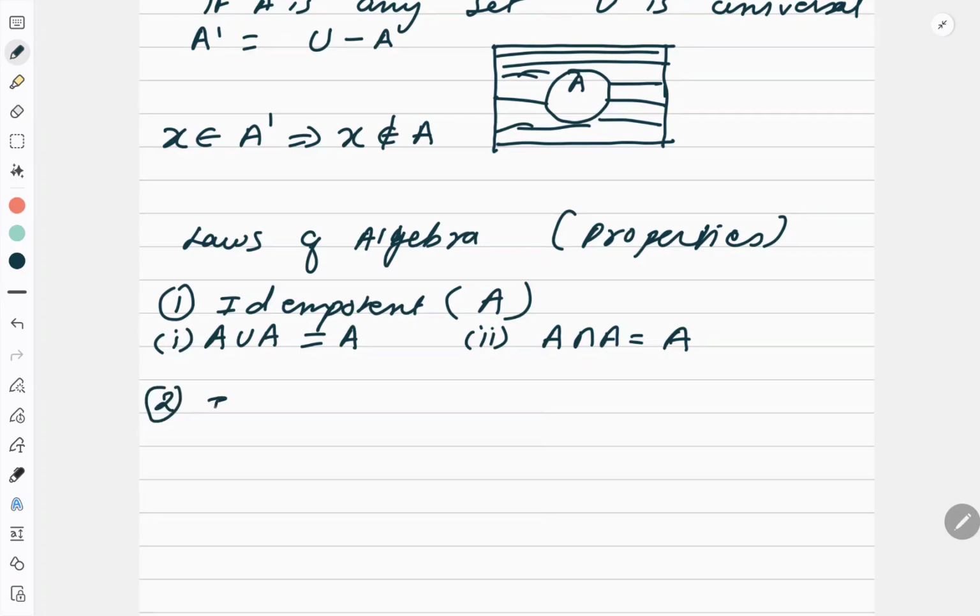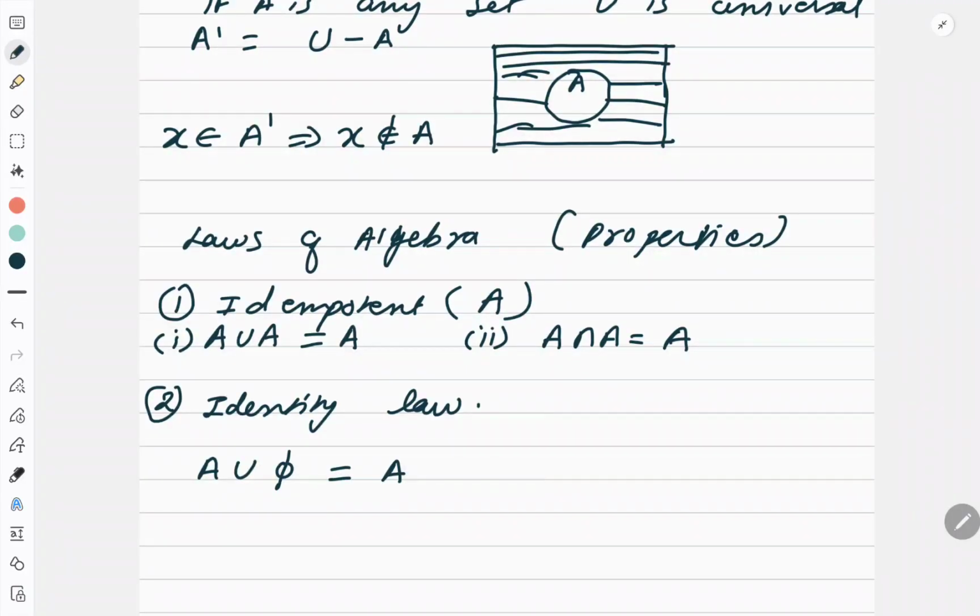The second law is identity law. Now identity law means same as you studied in normal numbers. When I talk about addition, 0 is the additive identity. Why? Because if you add 0 to any number, you will get the same number. Same way in multiplication, 1 is the multiplicative identity. When you multiply any element by 1, you get the same element. So identity means the element remains same. Now when I am talking about union and intersection, tell me if I take union of A with a null set, what will be the answer?